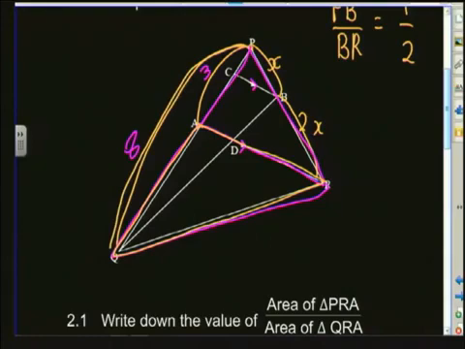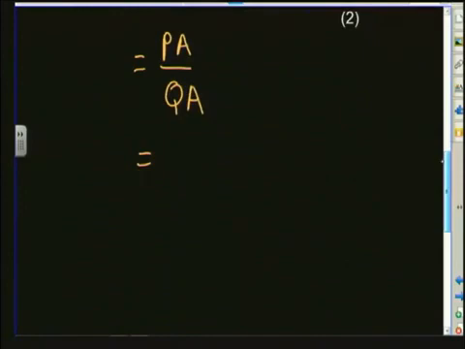So therefore, if PA is 3, AQ would have to be 5. All right. So therefore, PA over AQ is simply going to be equal to 3/5. And the reason here we said that the area of the one triangle over the other can simply be written as PA over QA. That was because of equal altitudes.